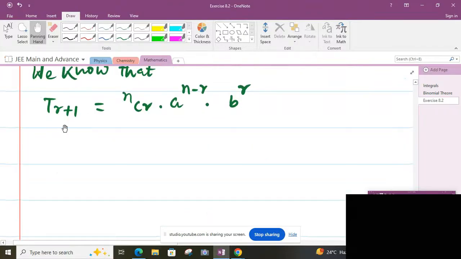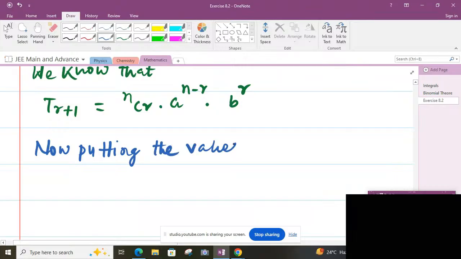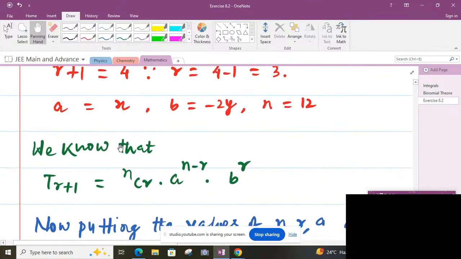Now putting the values of n, r, a and b. So here the value of r is 3.